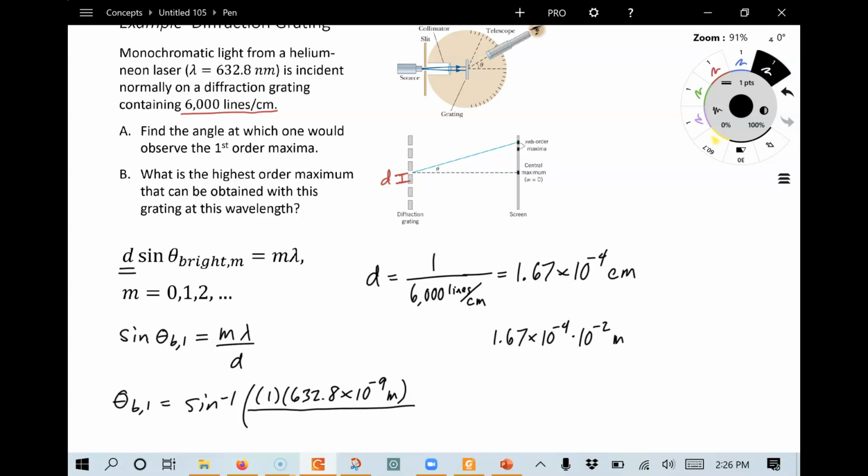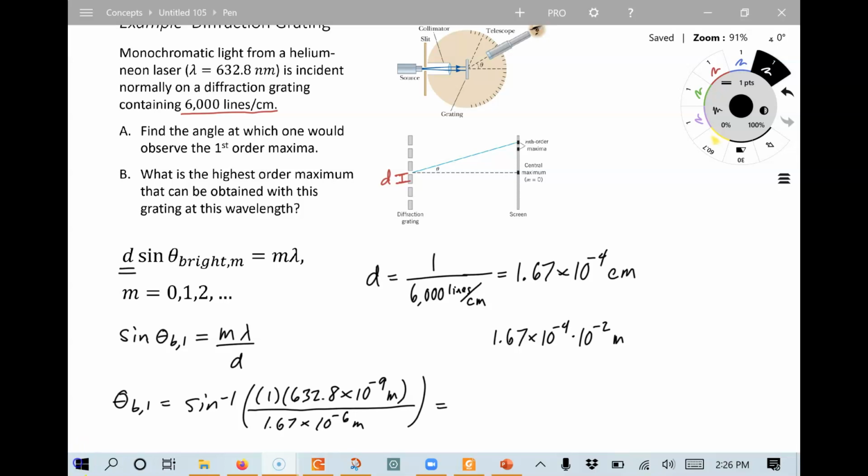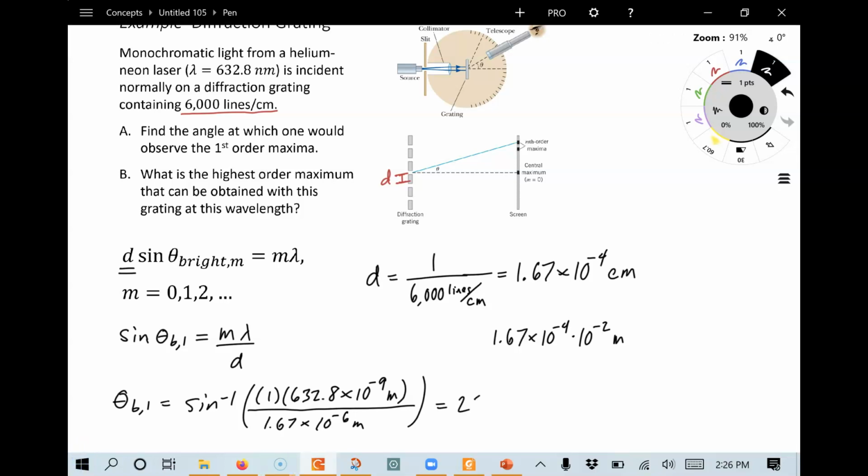And so altogether, this is going to give us 1.67 times 10 to the minus 6 meters. Plugging that into the calculator, we get 22.3 degrees. And we canceled our meters out, so that gives us confidence there.